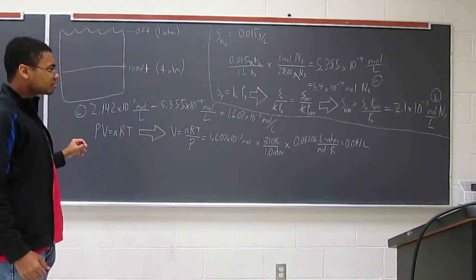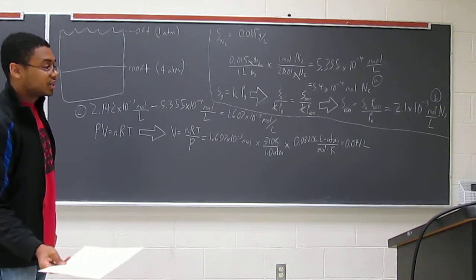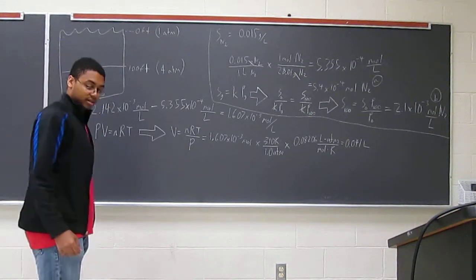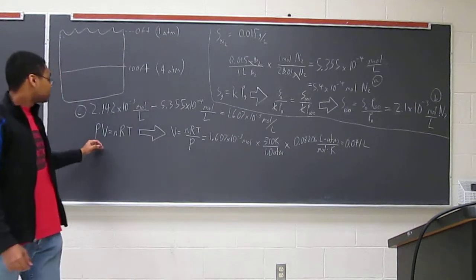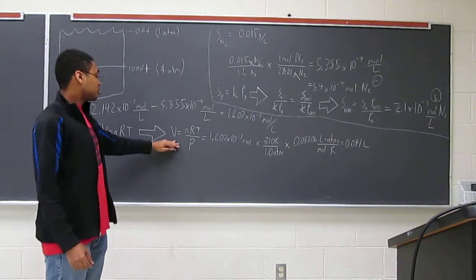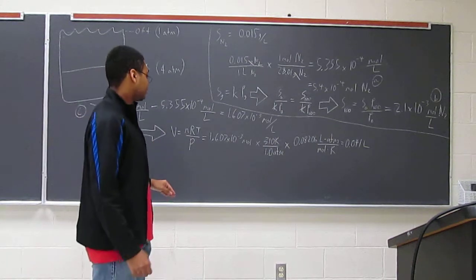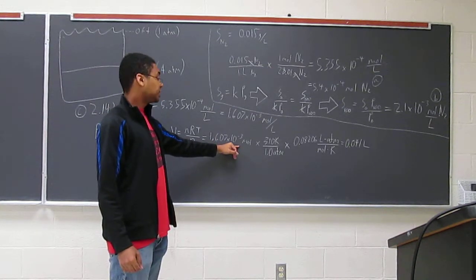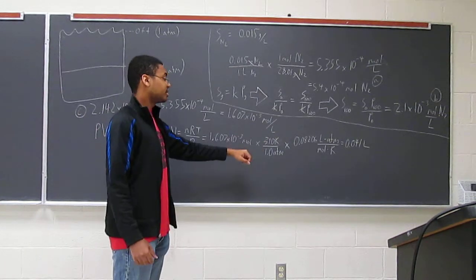So what are we ultimately looking for? We're looking for milliliters of nitrogen gas, but we technically have moles per liter. So it's saying per liter, how many milliliters will be nitrogen gas, all right? So we use the ideal gas law here. We solve it for volume. Volume is what we need. And we plug in accordingly. Per liter, we have that many moles of nitrogen gas times the temperature at 37 degrees, which is 310 Kelvin.